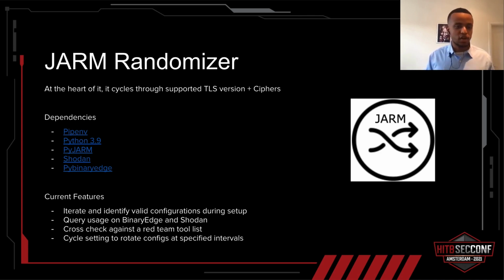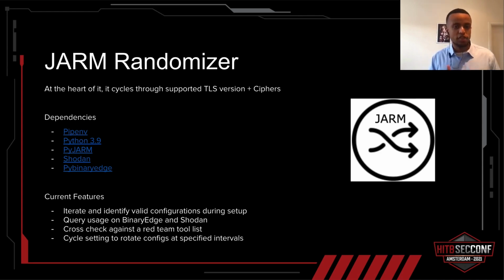Some dependencies are pipenv. It's written in Python 3.9, so you need to have that installed when you run this. PyJARM, Shodan, and PyBinaries are also required for additional functionality. The current features for this tool are to iterate and identify valid configurations during setup, which is really useful so you don't have to do that footwork yourself. Secondly, it'll check the generated, valid JARMs for your system on binaries and Shodan to give you more insight on the usage of the specific JARM that you want.